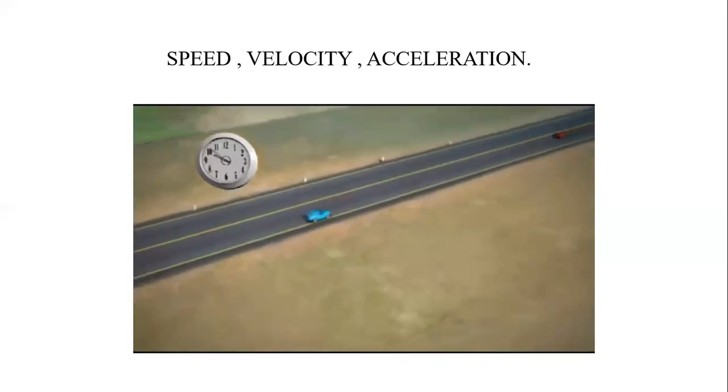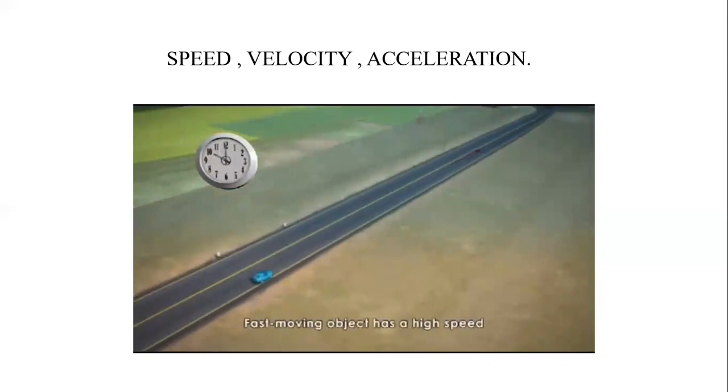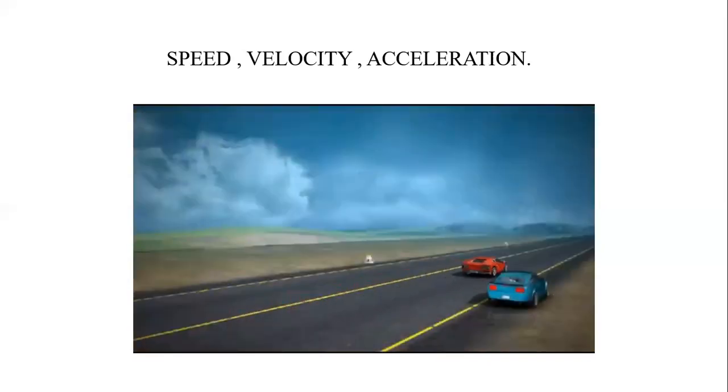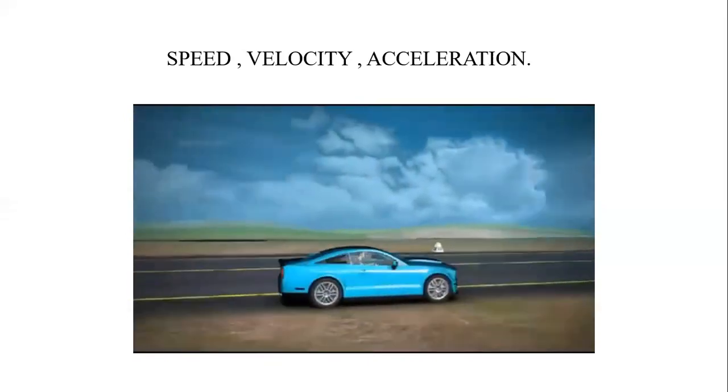The speed of our second car is 40 miles per hour. A fast-moving object has a high speed, covering a longer distance in a shorter period of time. A stationary object, in this case a parked car, is said to have zero speed.